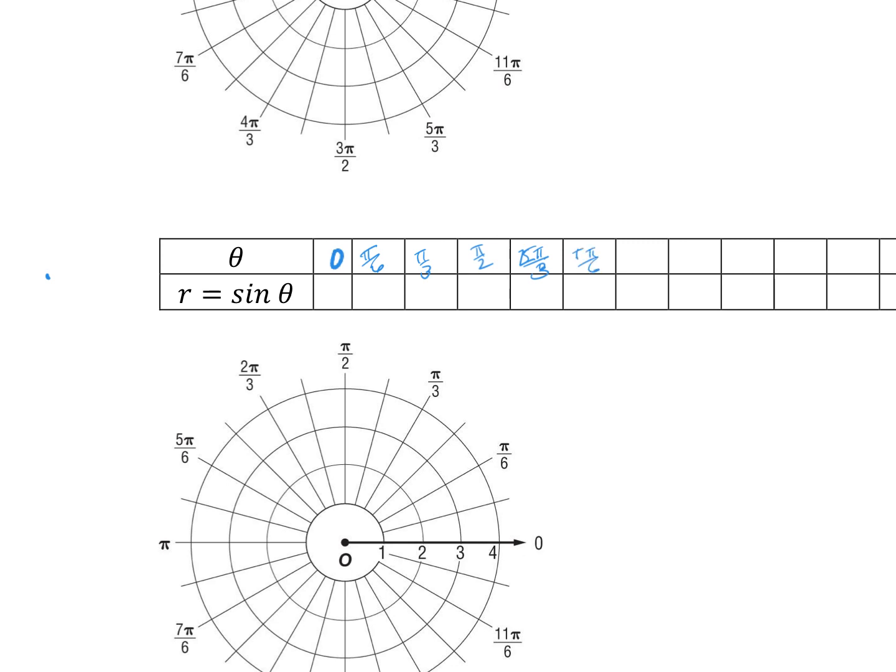You can plug this equation into your calculator in polar mode, and it will give you these values. At 0 it's 0, at pi over 6 it's 0.5, and then 1. I'm just going to make the circle like that, okay?